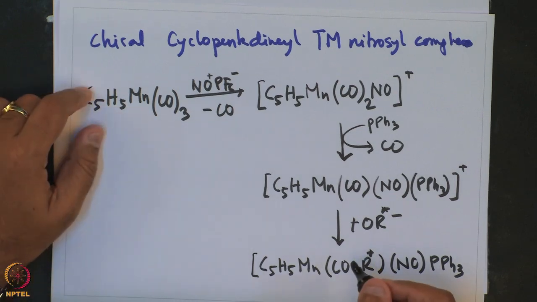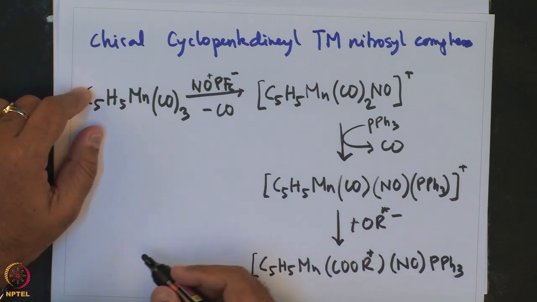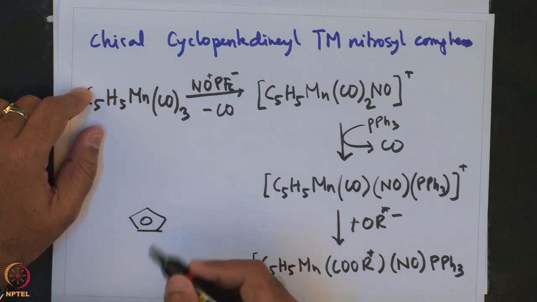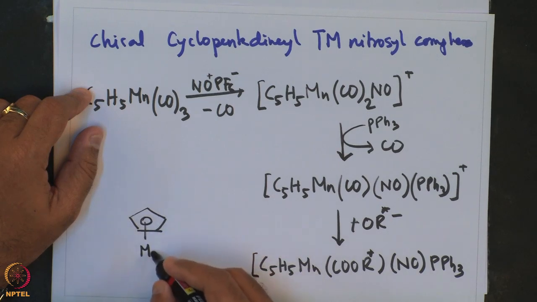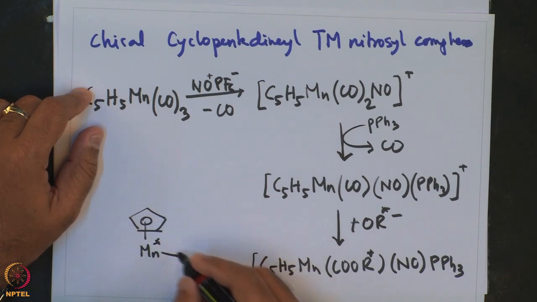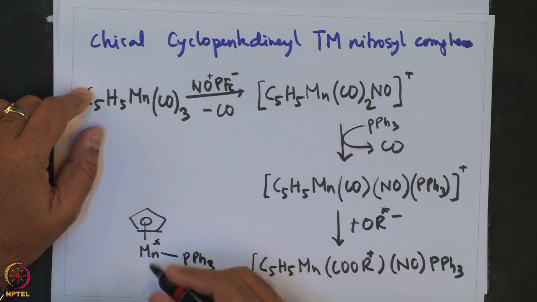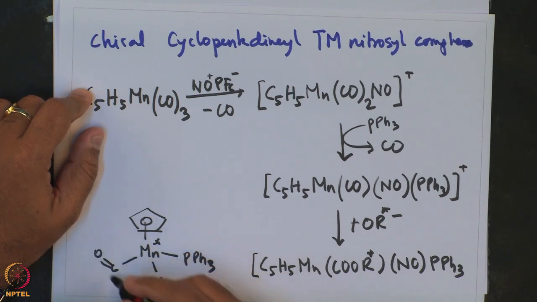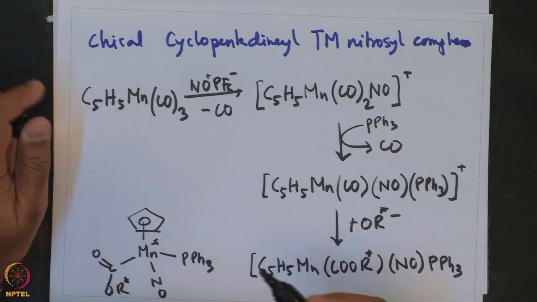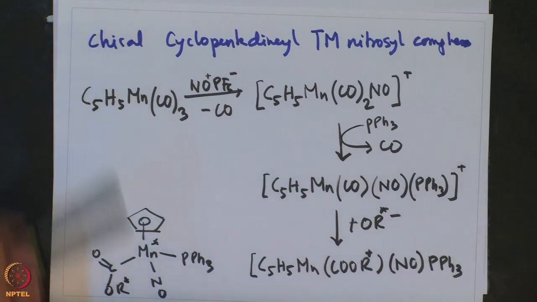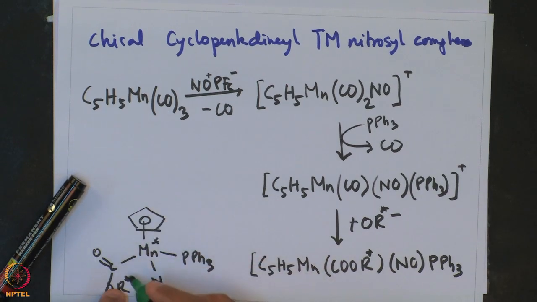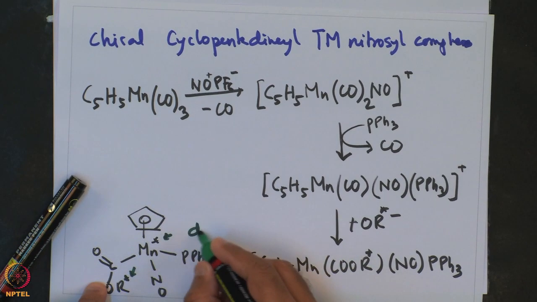So, this is the optically active compound, which is something like Mn*, and this right now is a diastereomer because of two chiral centers.